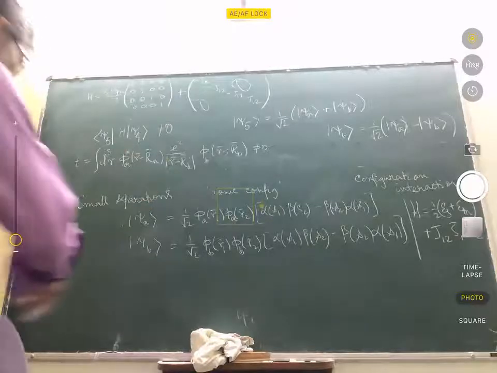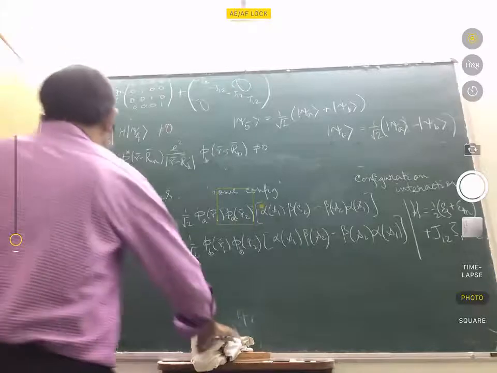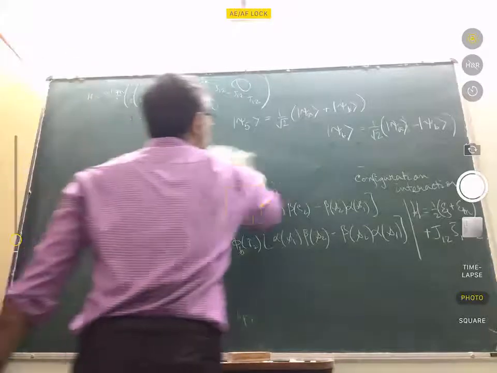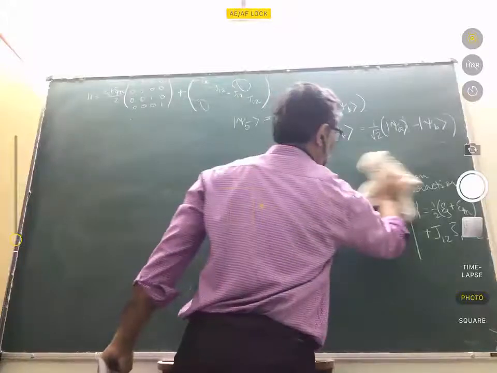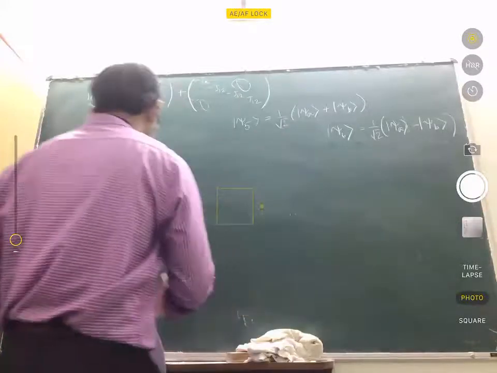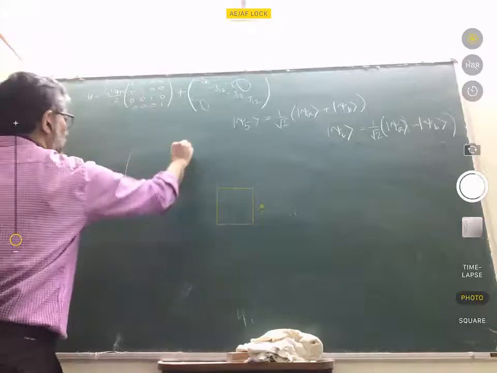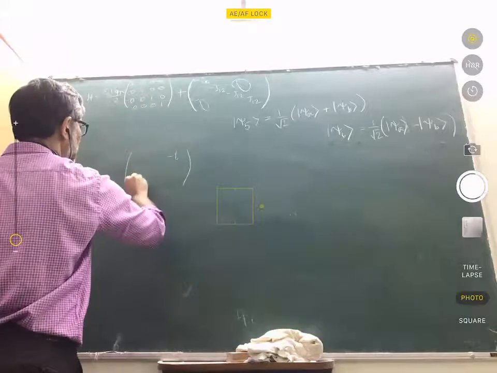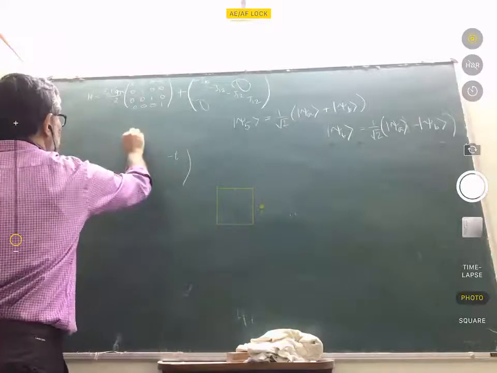So basically what I'm saying now is, I have a 2x2 Hamiltonian in the singlet subspace.